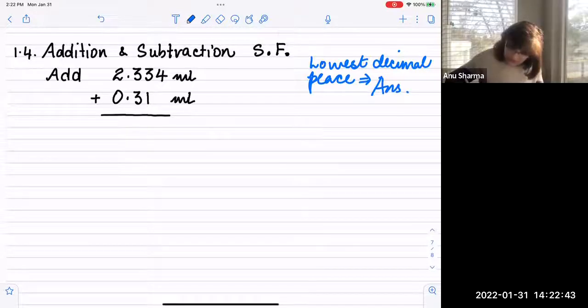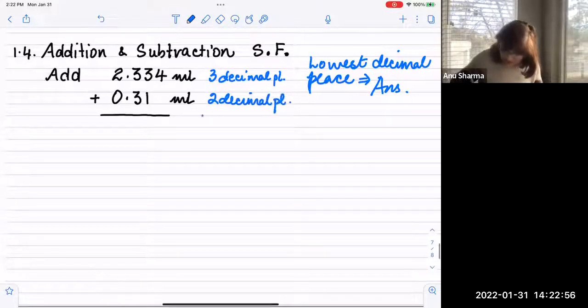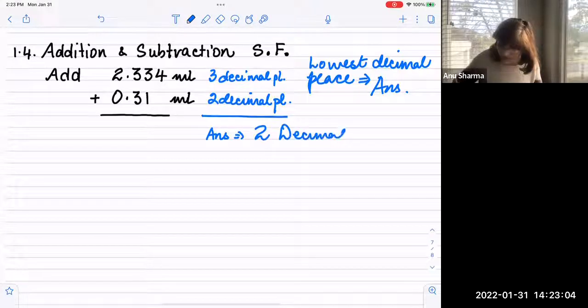We see here that there are 3 decimal places, and there are 2 decimal places, so your answer should have 2 decimal places.